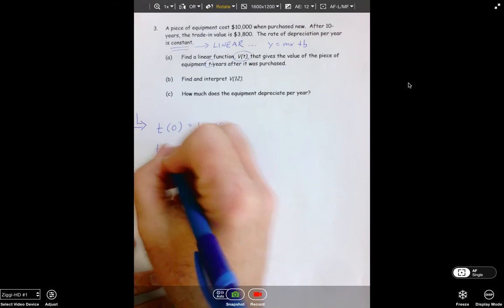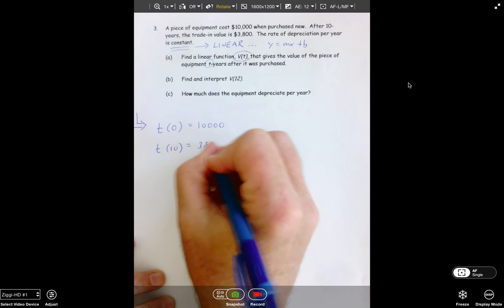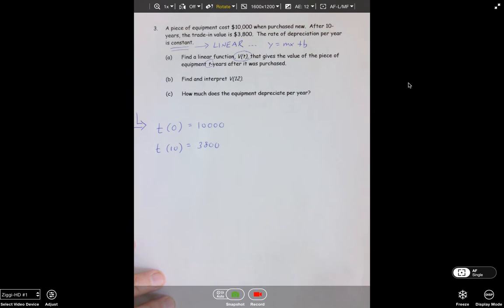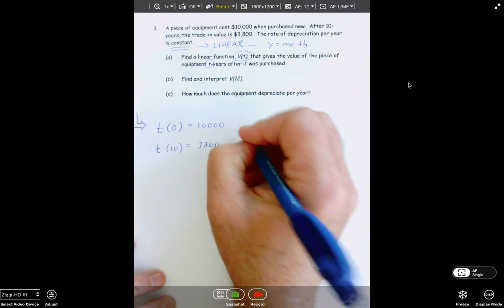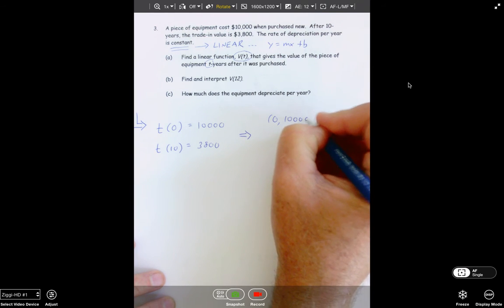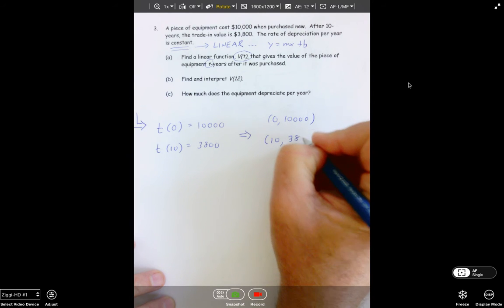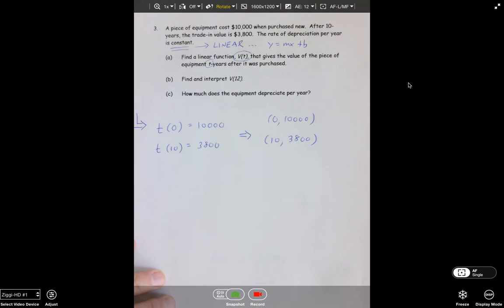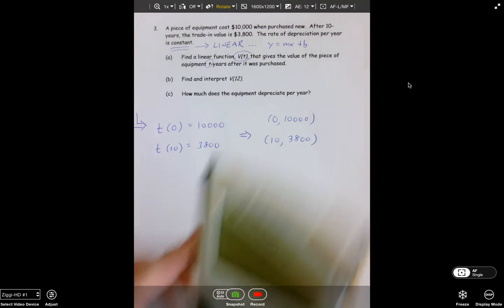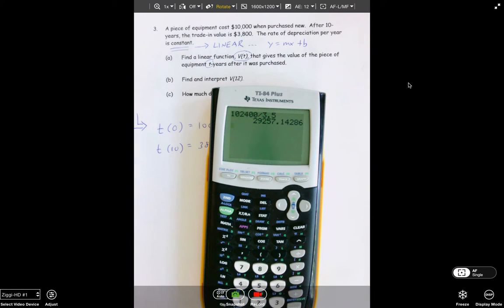We know that V of 10, 10 years later, is 3,800. What have we done before? Created ordered pairs: (0, 10,000) and (10, 3,800). What did we do after that? Grab your calculator.